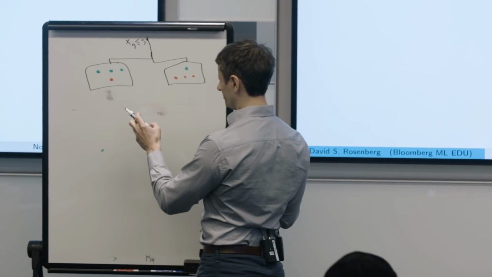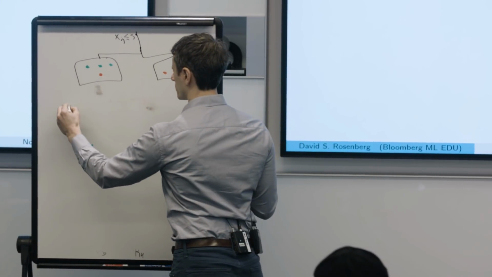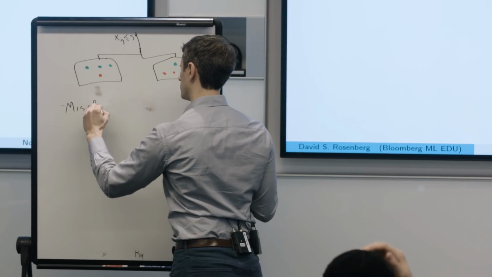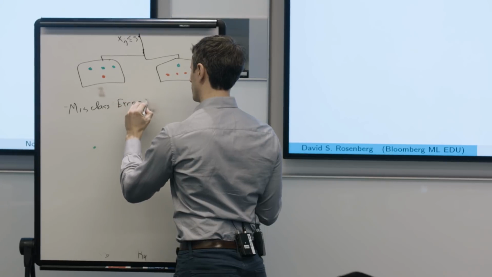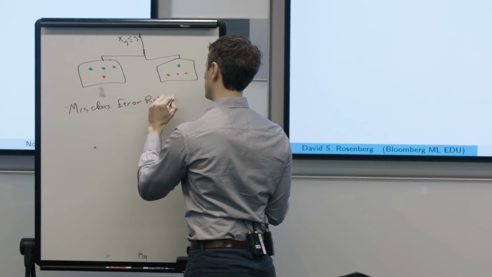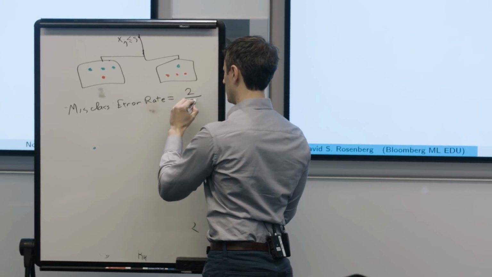So how many are wrong? We'll, of course, predict the majority class. So two wrong out of how many total? OK, 25%, great.